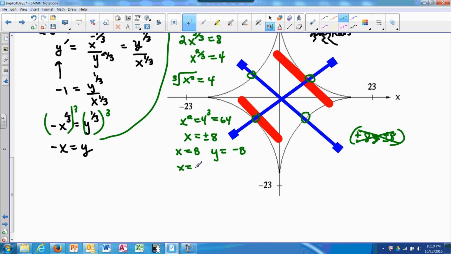If x equals negative 8, y is equal to the opposite of x, positive 8. We do not get all 4 points. If x is positive 8, we do not get positive 8 as an answer for y. We only get the point 8, negative 8, and the point negative 8, 8.